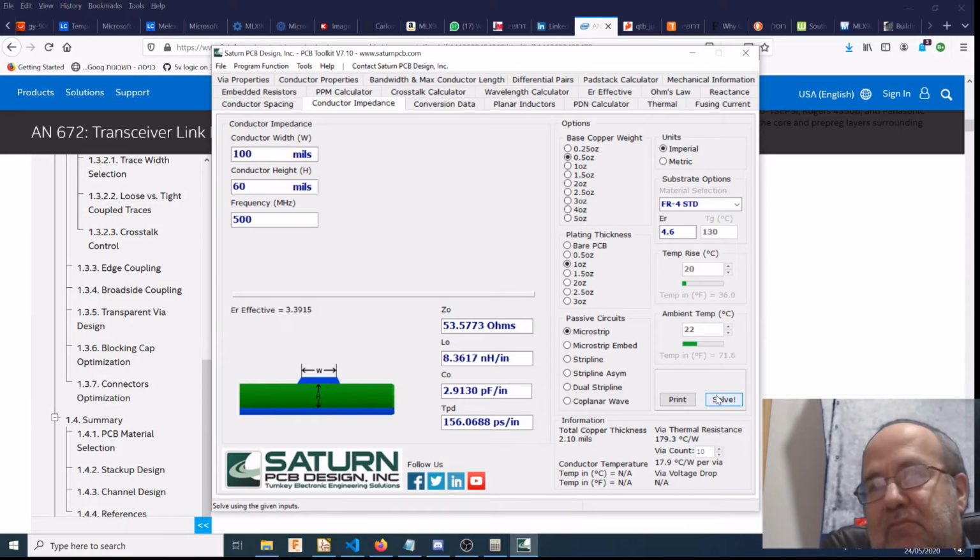Now, let's assume that you want to create a 50 ohm trace on a standard 2-layer board. In order to keep 50 ohms, you're going to need your output going from your RF to the antenna at 100 mils. 100 mils is 2.5 millimeters.